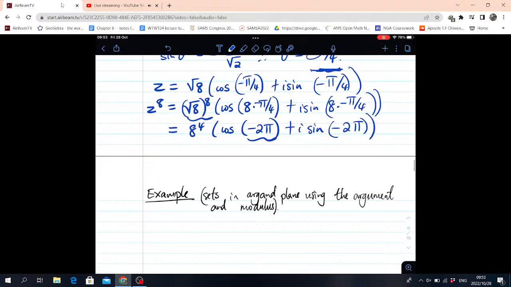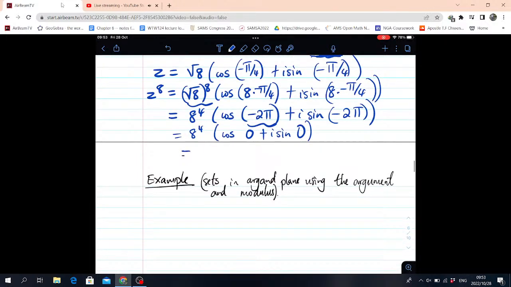So because it's too small, we have to add 2 pi. So we get 8 to the 4 times, if we add 2 pi, we get cos 0 plus I sine 0. And then from here, we can see that this is just 8 to the 4, cos 0 is 1, and then sine 0 is 0, so we get this. So it's already in standard form there.